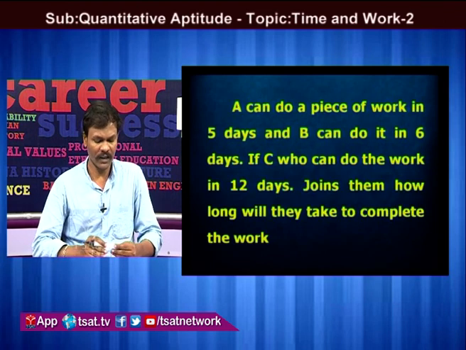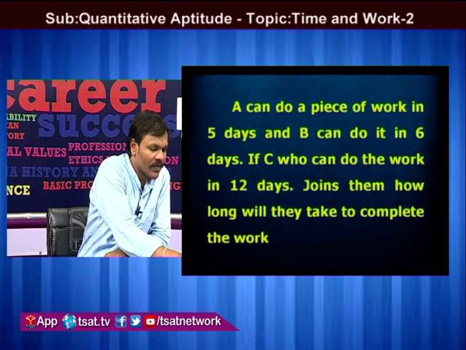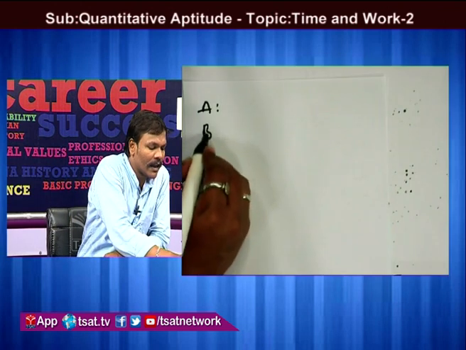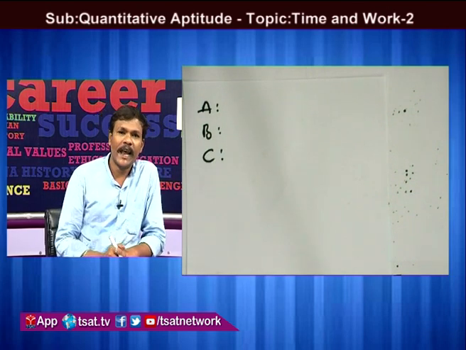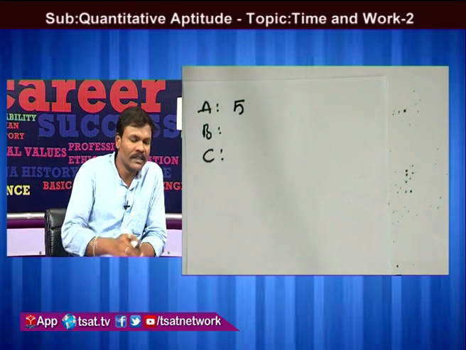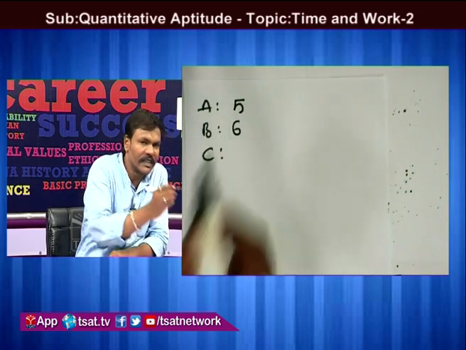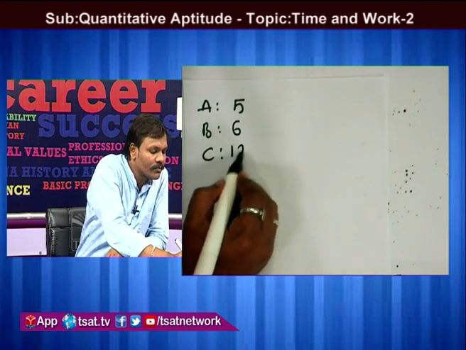When we solve the question, it will be very clear to understand. In the question, A, B, and C, 3 members, are there. A completes the work in 5 days, B in 6 days, and C in 12 days.